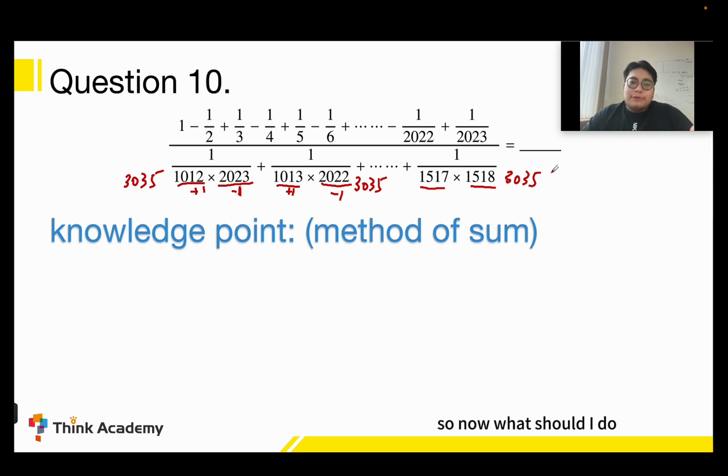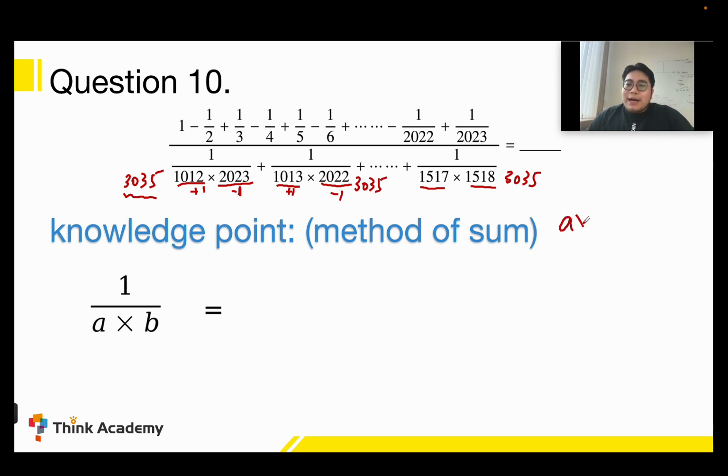So now, what should I do? You see, also 1 over a times b, correct? But if I want this 3035, actually it's a plus b, correct? Remember, 3035 is on the denominator.